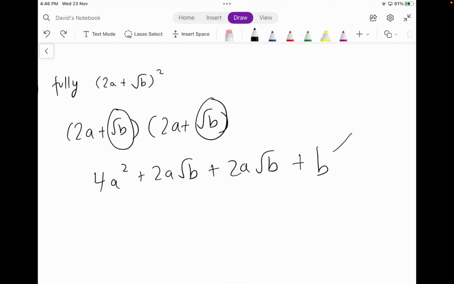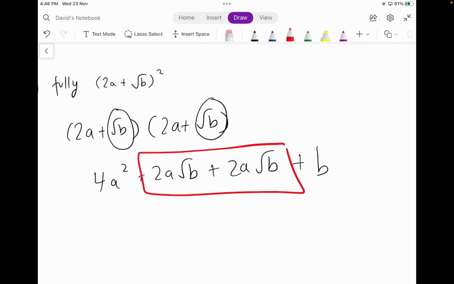What you're going to do is arrange all the like terms together. Since they're already arranged, now we have to carefully analyze this. The portion here is going to use that same rule of addition of surds. We can see square root b being prominent on both sides. So we have to add 2a and 2a in this case. So it's going to be 2a plus 2a.